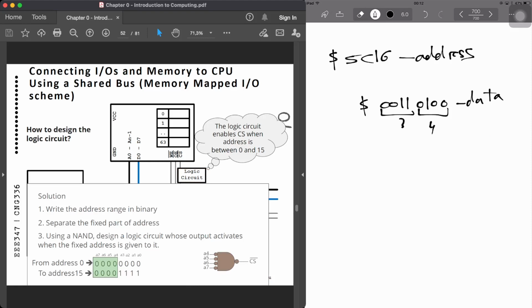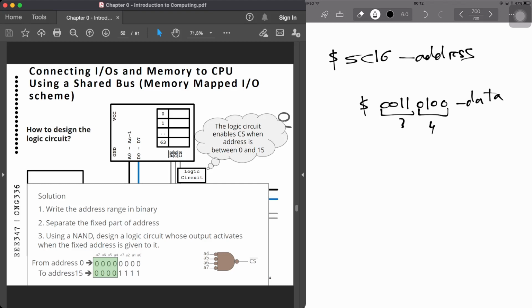The solution is to write the address range in binary and separate the fixed part of the address, which is not going to change. As you can see, these are all fixed. Using a NAND, design a logic circuit whose output activates when the fixed address is given. Address 3 to 0 are changing from 0000 to 1111, but address 7 to 4 are all fixed. It's always 0.